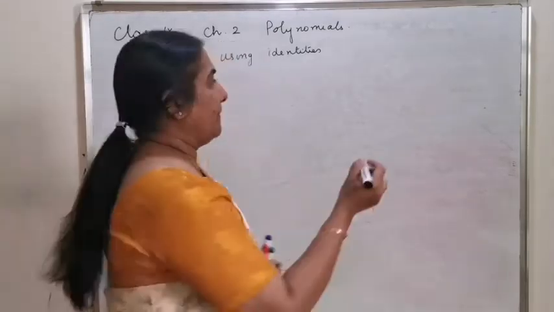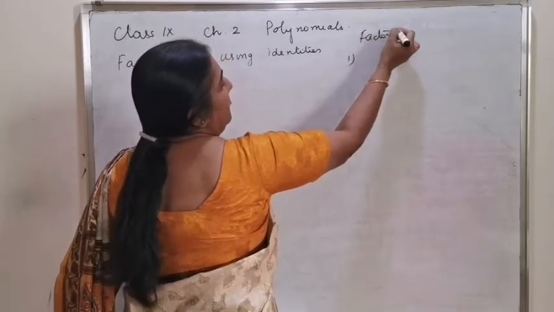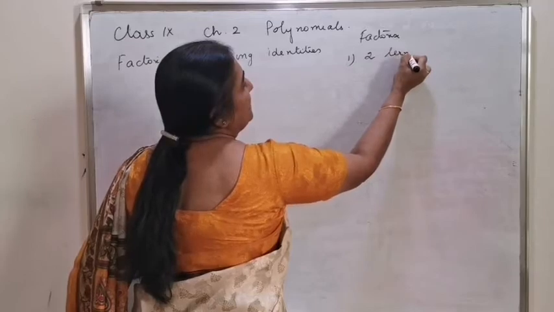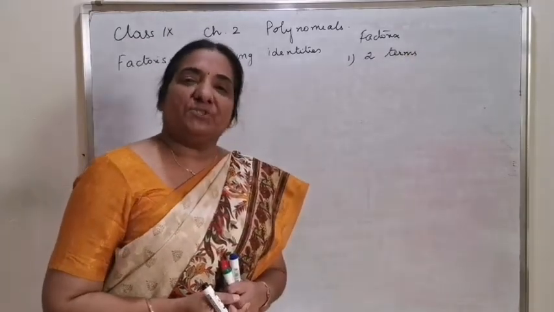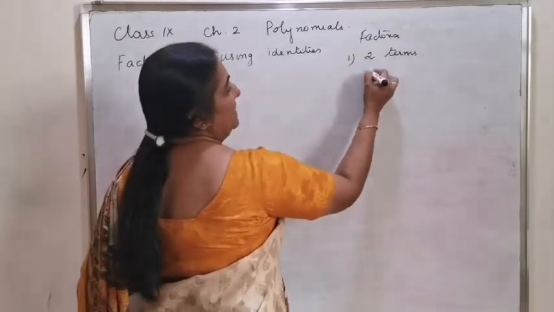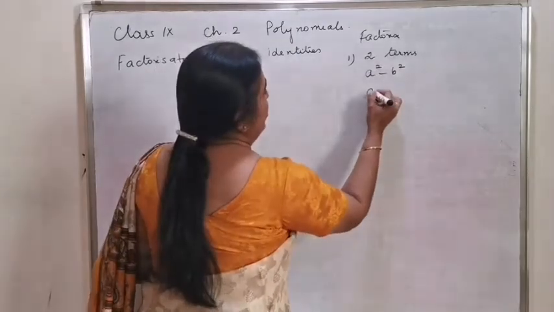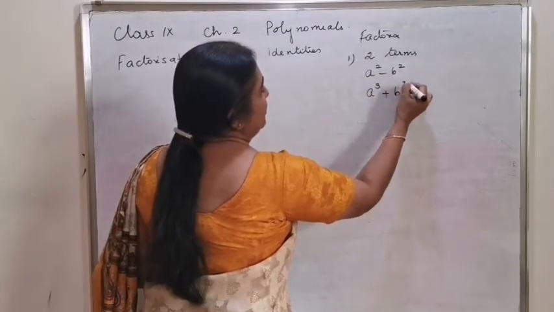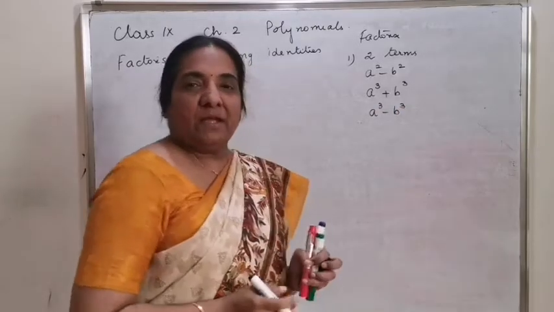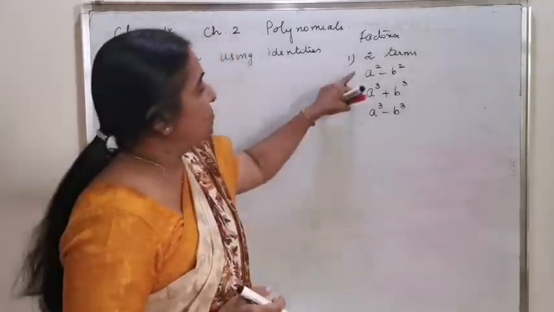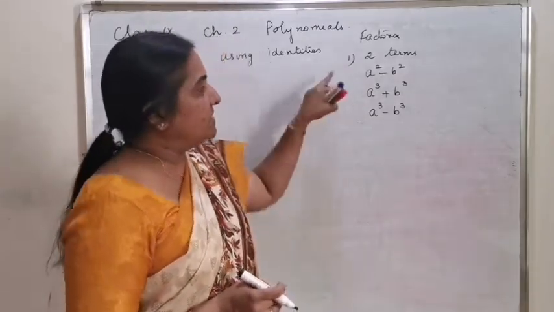Number 1. If the question has two terms, the identities involved are either a square minus b square, a cubed plus b cubed, or a cubed minus b cubed. When the question has two terms, check whether the terms are of this pattern.